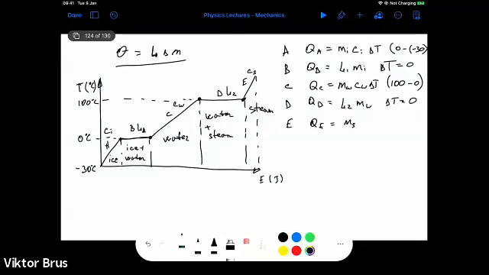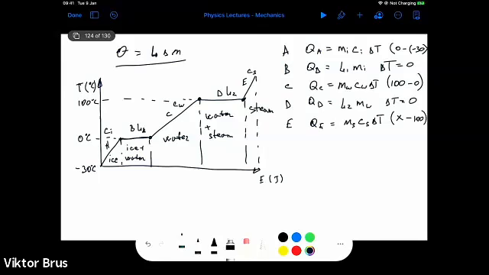We already converted all this water to steam, times the heat capacitance of steam times delta T, which is some unknown maximum temperature we reach, minus 100 degrees Celsius.